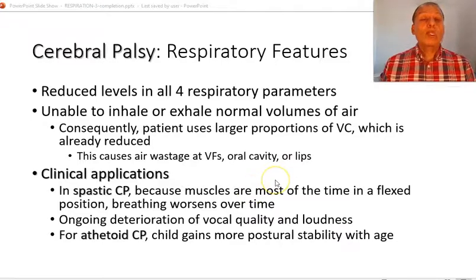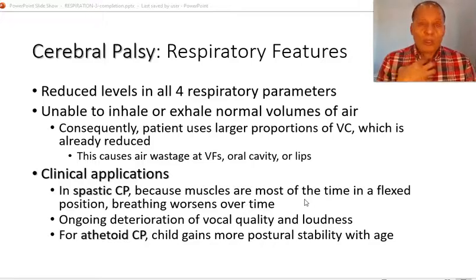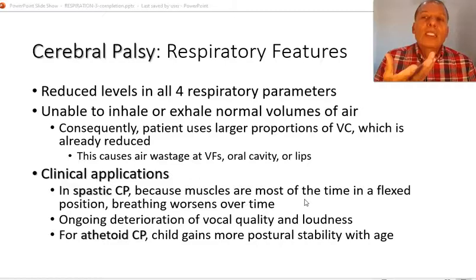In terms of clinical applications, for the spastic kind, the muscles are flexed all the time, and you can imagine that that's gonna put pressure on the amount of air the person has, because we use the inhaled air during exhalation.